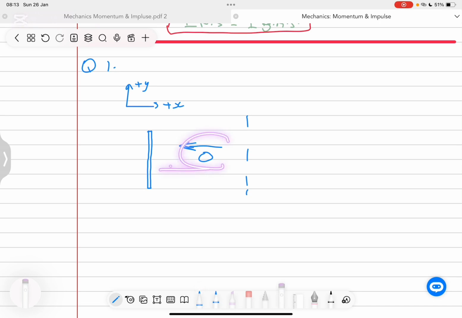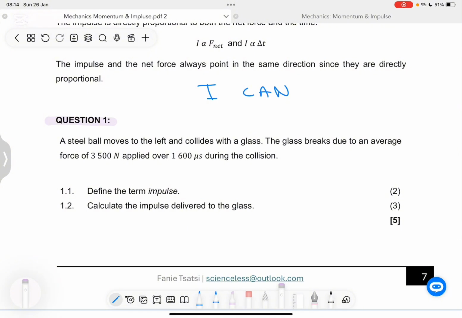Because this ball is moving to the left, at some point it will collide with the glass. And they say here that when it collides, the glass breaks off. So just to draw the situation where the glass actually breaks off because the ball now collides with the glass.